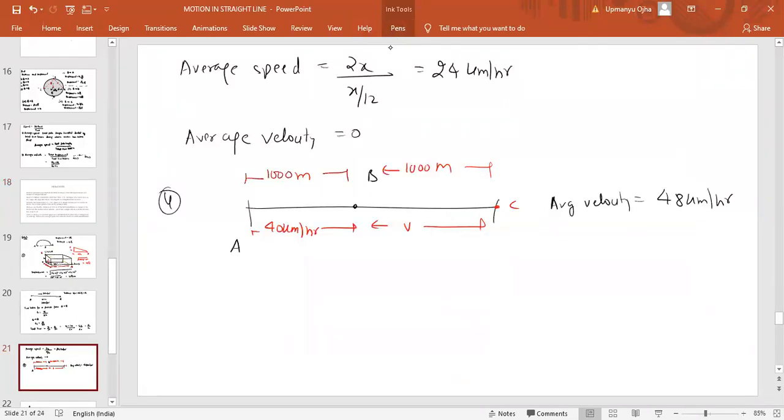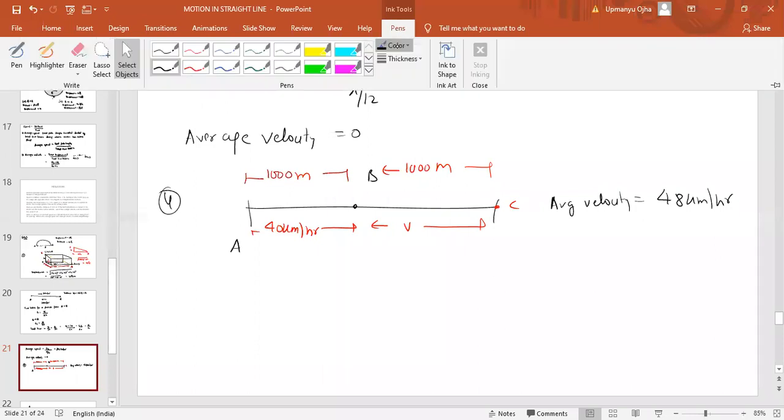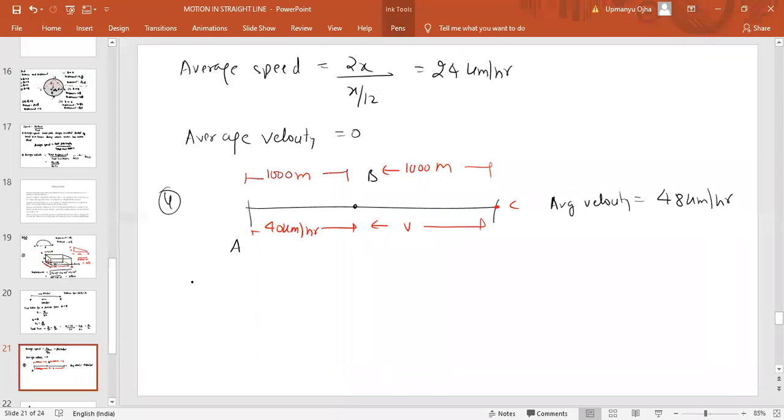Again, the same method is there. First of all, we have to find the time taken from A to B. So T1 is distance by speed. Distance is 1000 meters, we have to convert it into kilometers, so it would be 1 kilometer by 40 kilometers per hour.